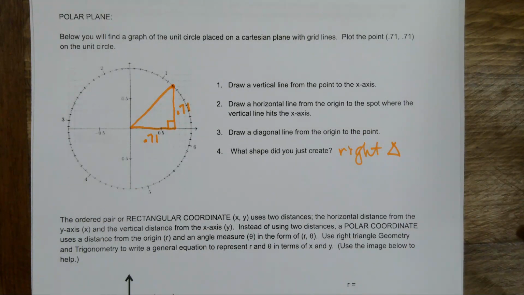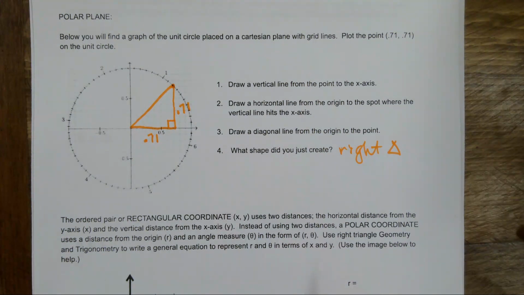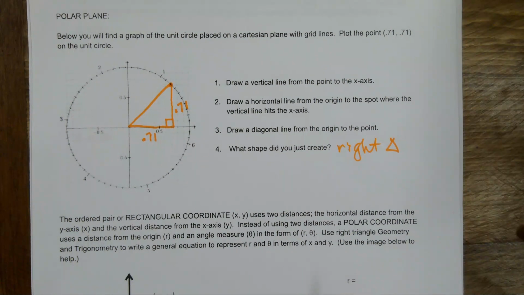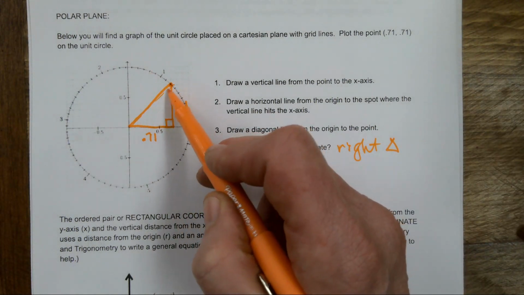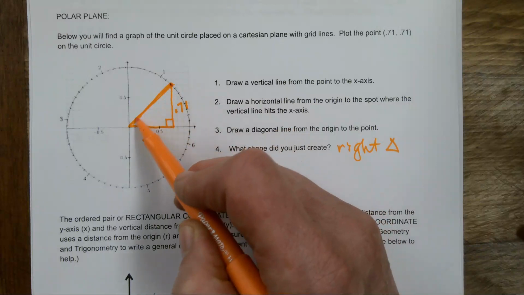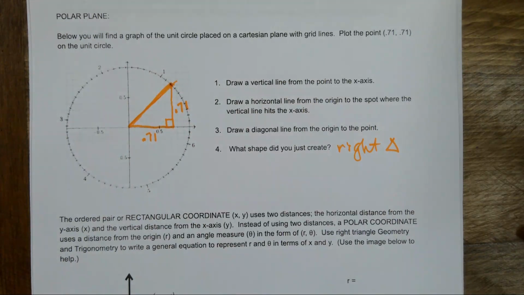And what is the length of that hypotenuse? Anybody know the length of this guy right here? We can find it two ways. I see some single fingers up in the air.